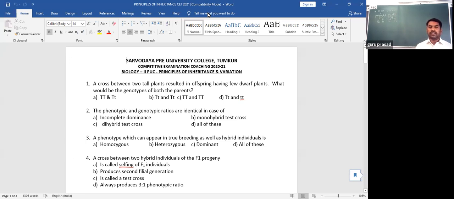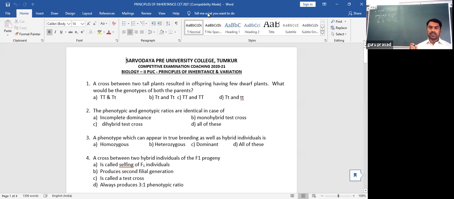Similarly, in the genotypic ratio also, we obtain 1 is to 2 is to 1. If you just do the cross, you may clearly come to know that capital W, small w, this is what we represent for red and white color genotypes.